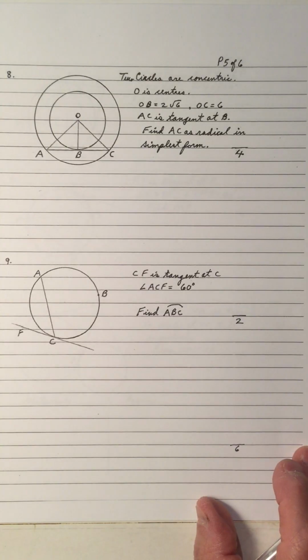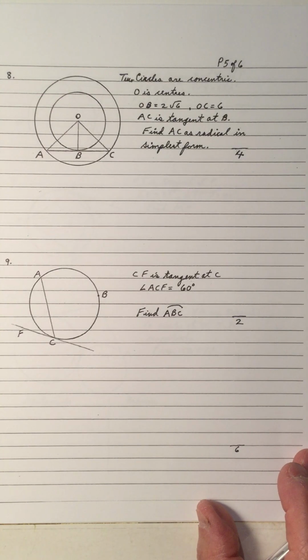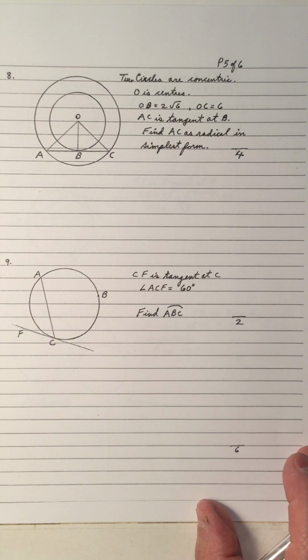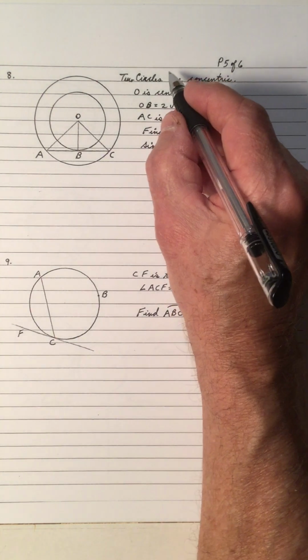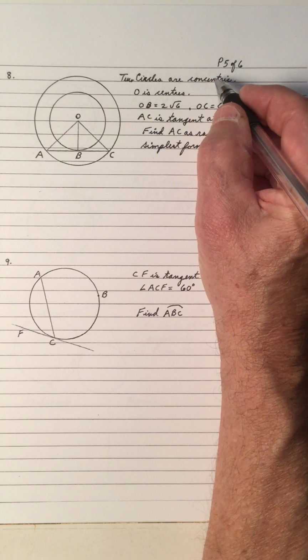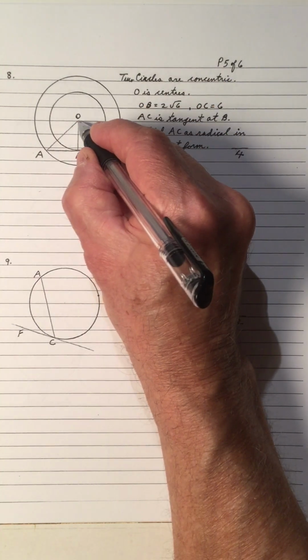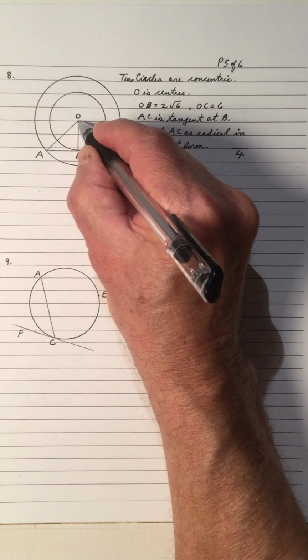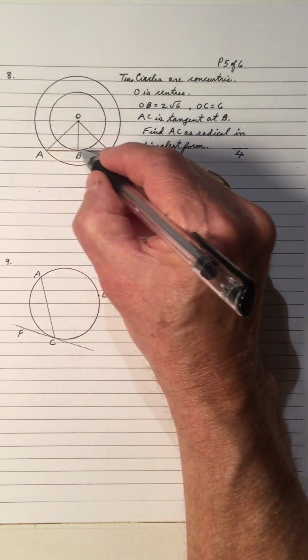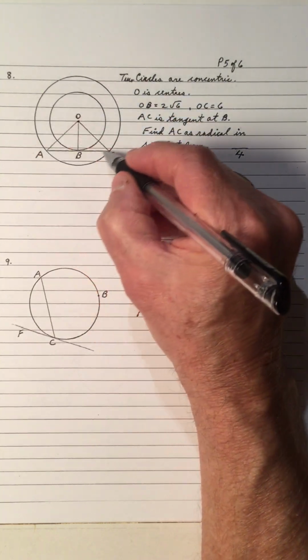Here we go. Again, different questions to help you think. 2 circles are concentric. What are concentric circles? Concentric circles are 2 circles with the same center. So O is the center of the small circle, and O is the center of the large circle.